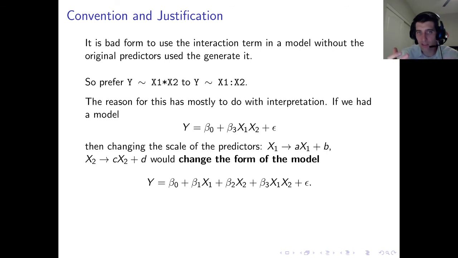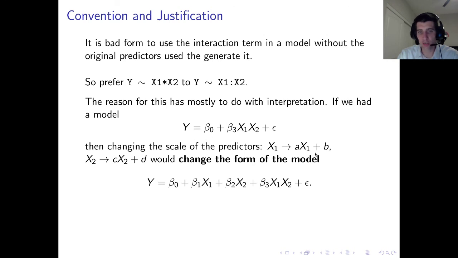Why is this convention important? It mostly has to do with interpretation. If we had a model with only an interaction term, and we rescaled the units of the predictors, for example when you convert from Celsius to Fahrenheit, this is an affine conversion: multiplying by a slope and adding an intercept is very common when changing units.